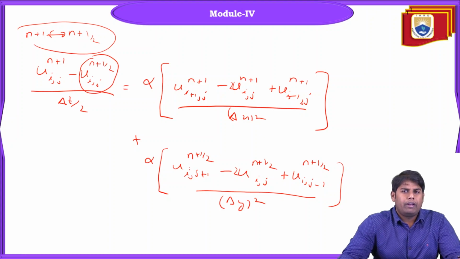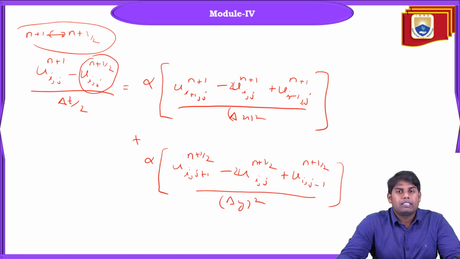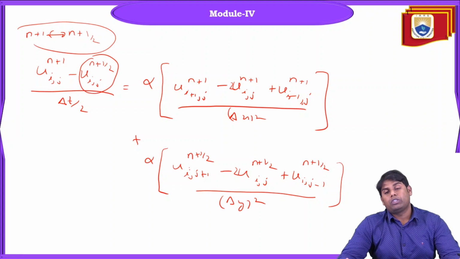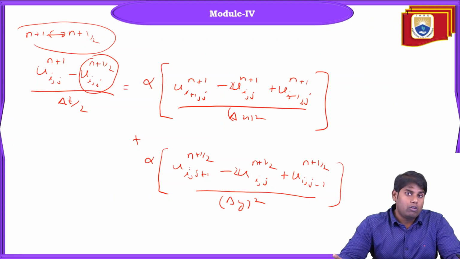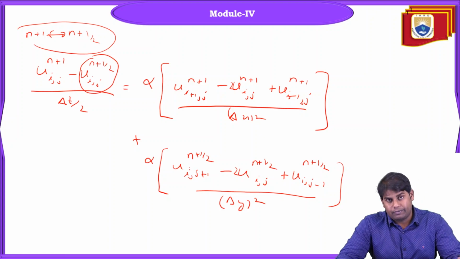Now what is actually happening when you take this ADI method? The ADI method is basically an alternating direction implicit scheme, where it solves the full form of the diffusion equation in two steps. In one step we have partial implicit and in the other partial explicit.